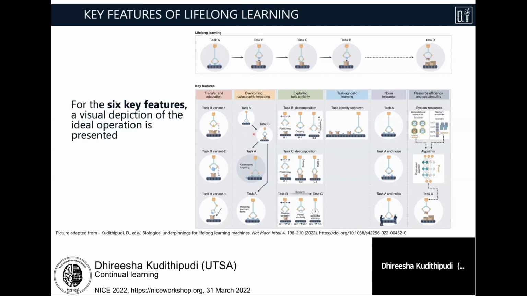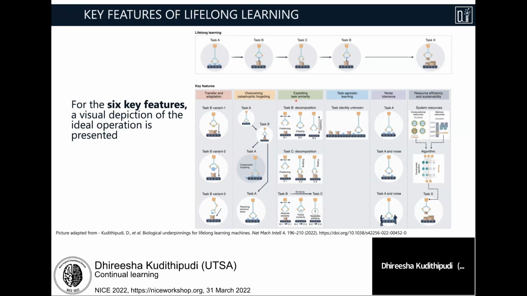So in this example again, the system is first trained on task A, then on task B. And after task B training, if the model still performs well on task A, then that is what we would like to achieve in these lifelong learning machines, to retain the knowledge that it had from previous tasks.